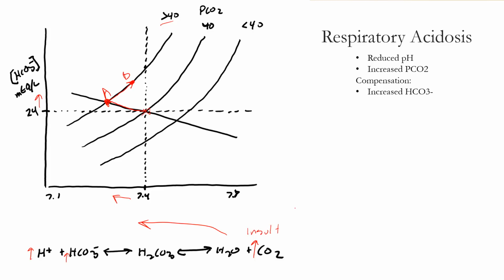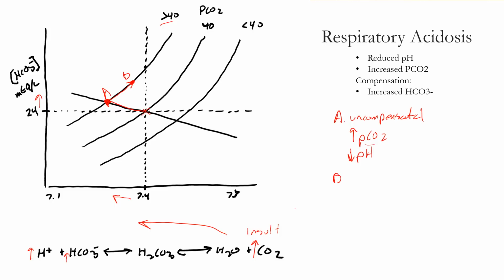But this is where we're going to have renal compensation. So first, let me put down point A. Point A is uncompensated. We have an increase in our PCO2, a decrease in our pH, because we're in acidosis and the CO2 level is what's causing that.